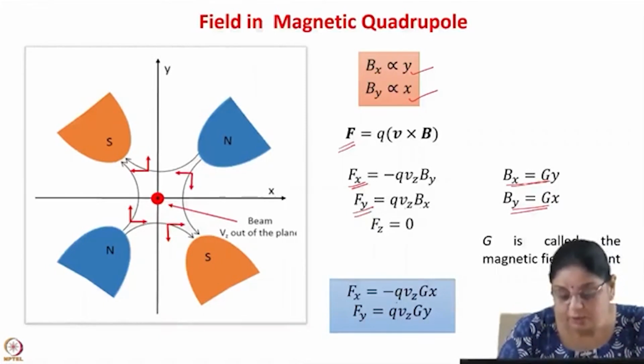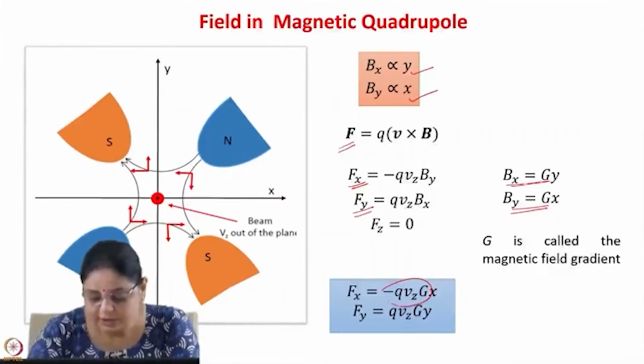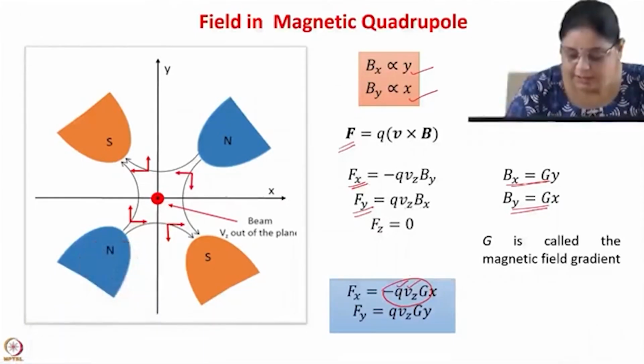Now for a given beam going through a given quadrupole, this Q Vz into G is a constant. Q is the charge, Vz is the velocity, so the charged particle is moving with a fixed velocity, and G is the gradient, which is a property of a given quadrupole. So this is a constant.